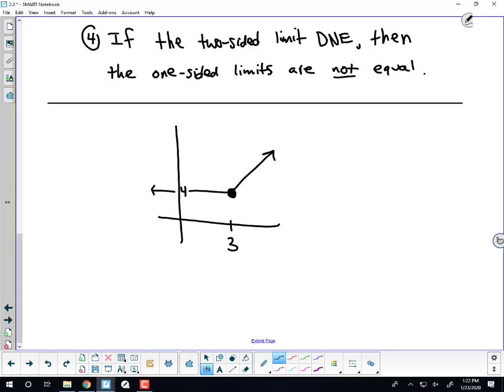Yeah. So here the limit as x approaches 3 does exist, and it's equal to 4. Because as we approach from the left and the right, just like in that first example, we're honing in on the same y value from either direction.